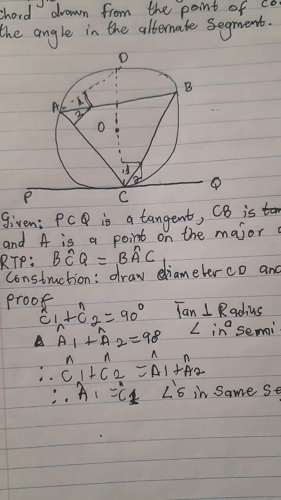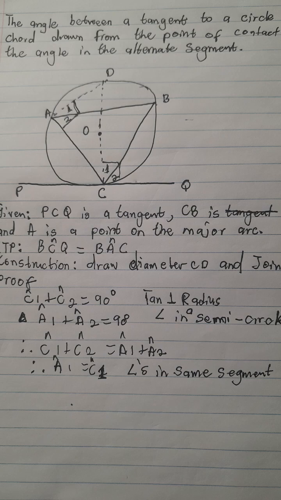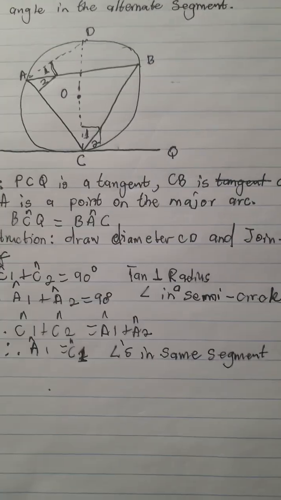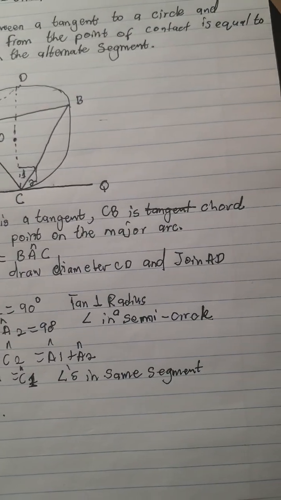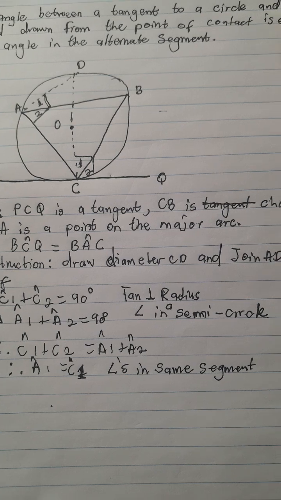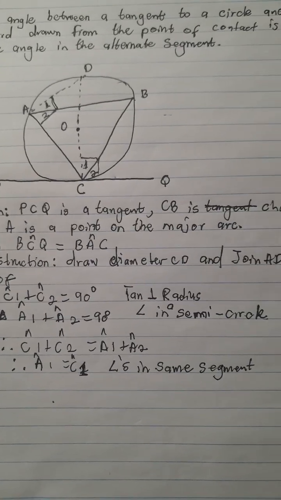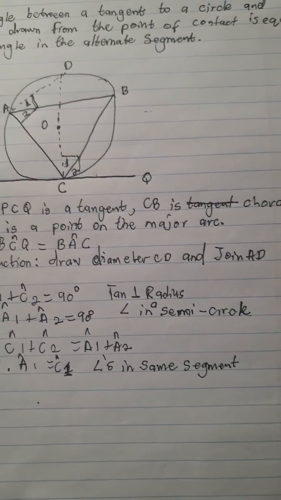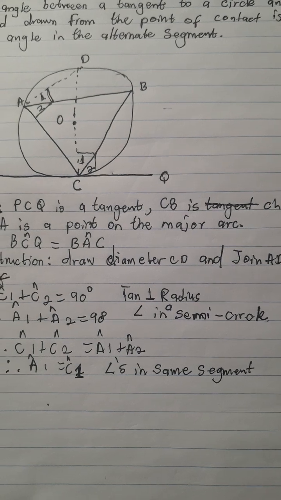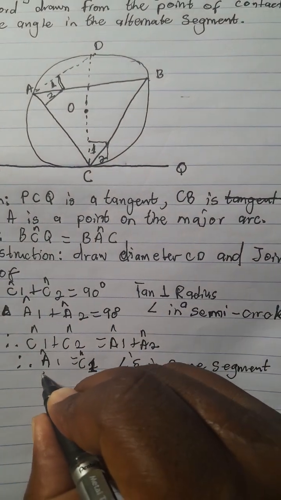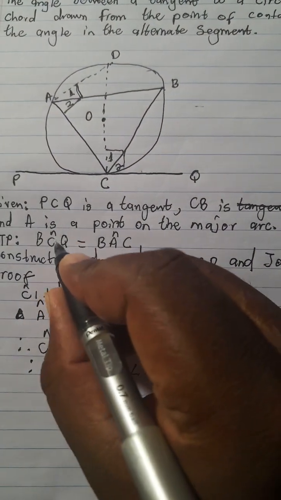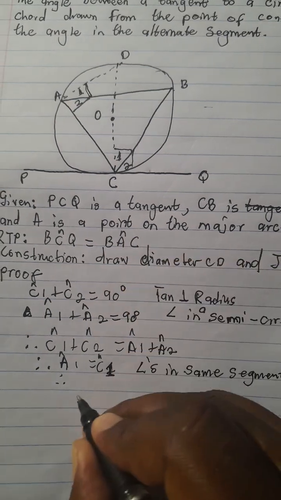Now the big question is what to do next, right, guys? What to do next is to say that, can you see that angle A2, we are now proving angle BCQ is equal to BAC.